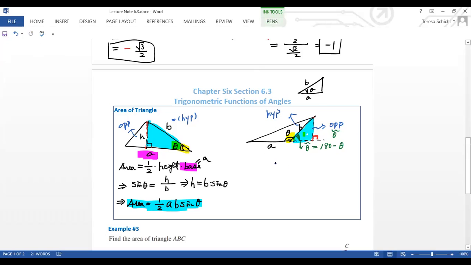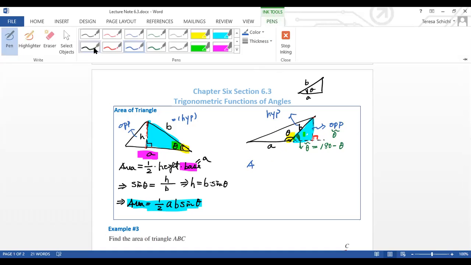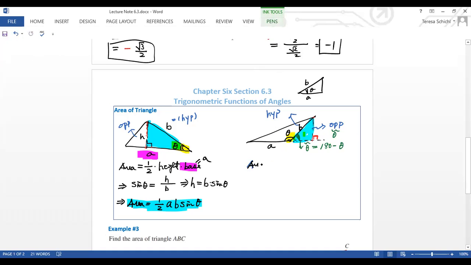So we can do the same thing here. From geometry, I know the area is 1/2 A times the height, correct? So this is the height, right?